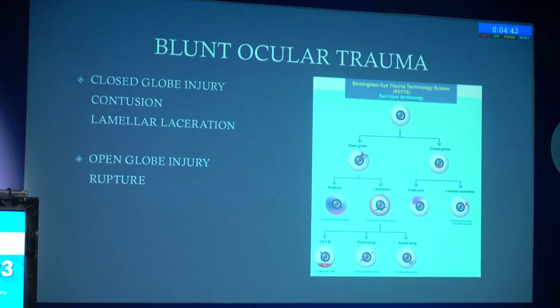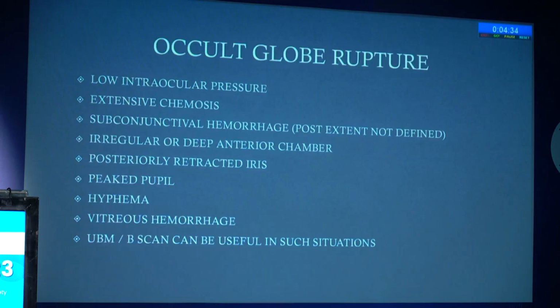Blunt ocular trauma can be an open globe, which is a globe rupture, and a closed globe, which is a contusion and lamellar laceration. But more importantly, what we need to know is an entity called occult globe rupture, when something does not seem right, and that is where you have to have high suspicion.